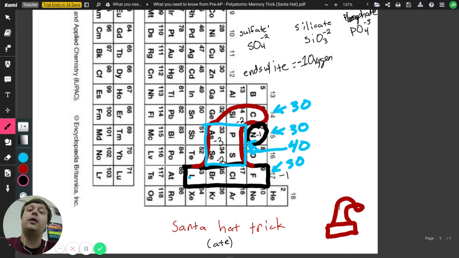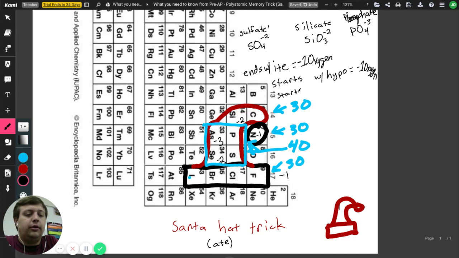If it starts with hypo, again, -1 oxygen. I remember that because hypothermia is a low body temperature, so you're going to lower your oxygen count. And then last, if it starts with per, like perchlorate, we are going to add 1 oxygen.